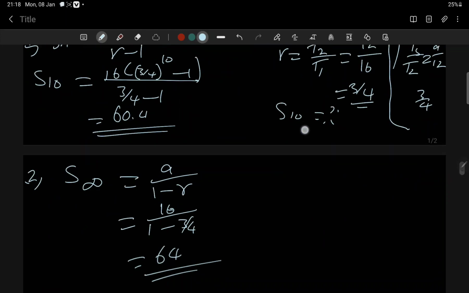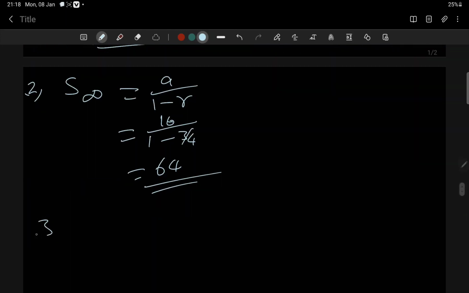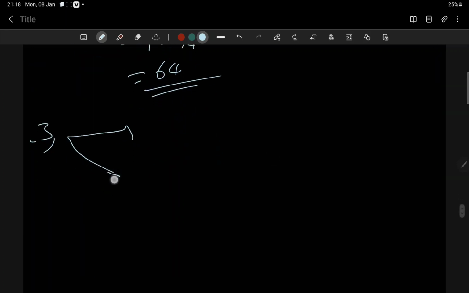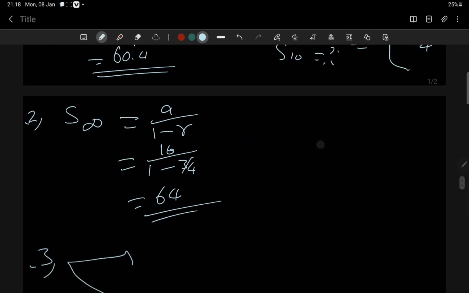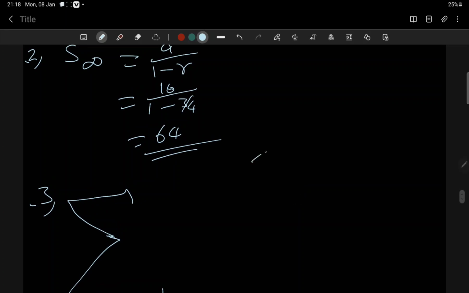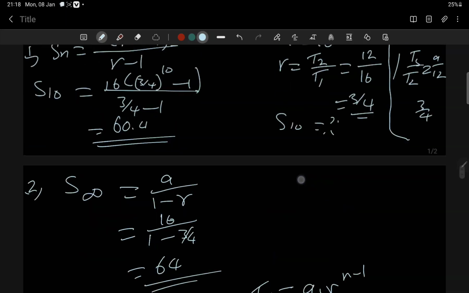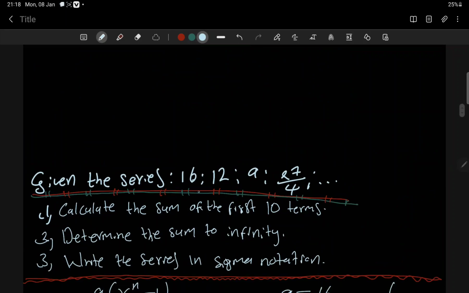Okay, one more. Write the series in sigma notation. Number 3. Sigma notation. Okay, obviously we need to find Tn first, so we'll now calculate Tn. Let's get Tn. Then Tn, this is a geometric series and is given by A times R to the n minus 1. And then A, that is 16.